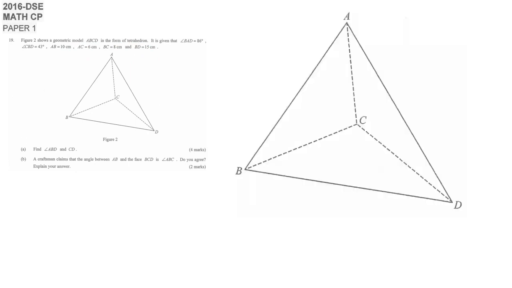We know that angle BAD is 86 degrees, and angle CBD is 43 degrees, and then AB is equal to 10, AC equal to 6, BC equal to 8.